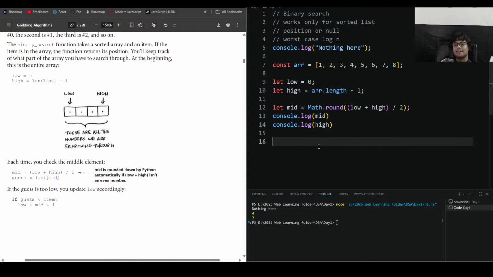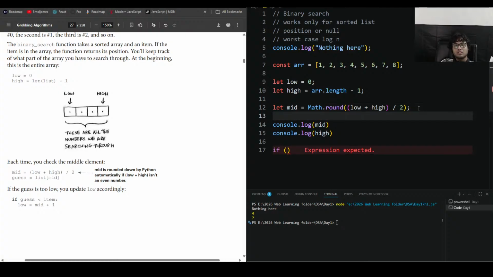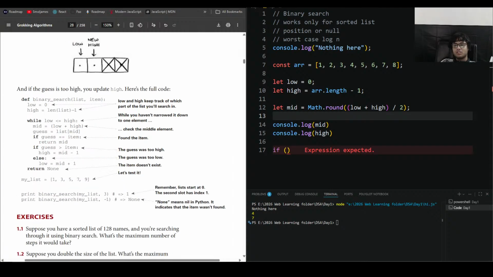Okay, we're going to make one more guess. Actually, mid is fine. Do I need to do this like this?